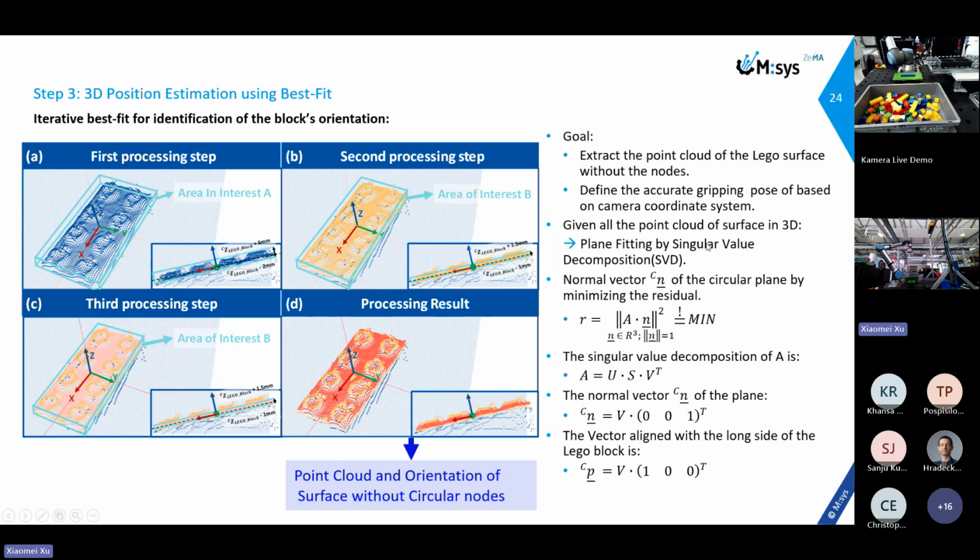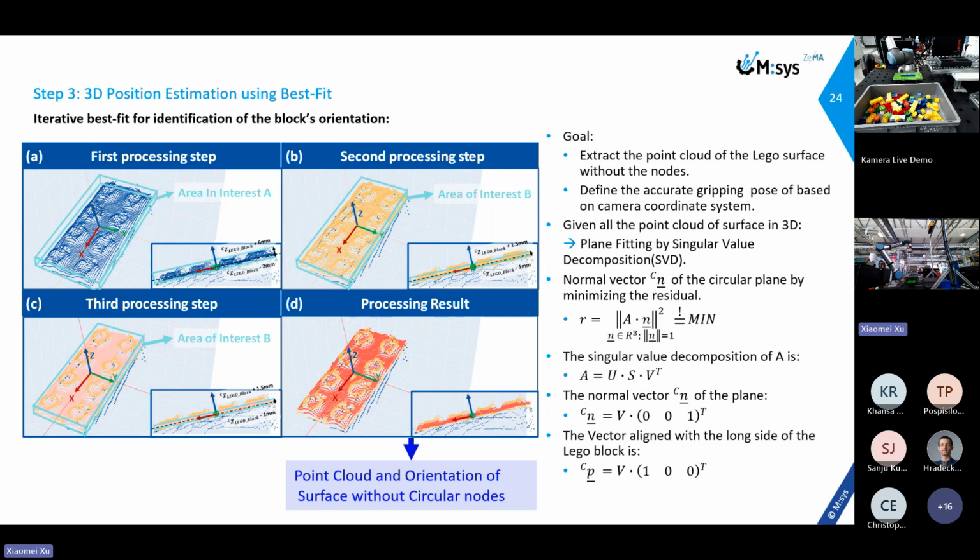Given all the surface point cloud in 3D, we calculate the mean values to set up the matrix A as in the equation. Minimize the error R via singular value decomposition to determine the normal vector N based on the camera coordinate system, when matrix V is multiplied by the Z vector.